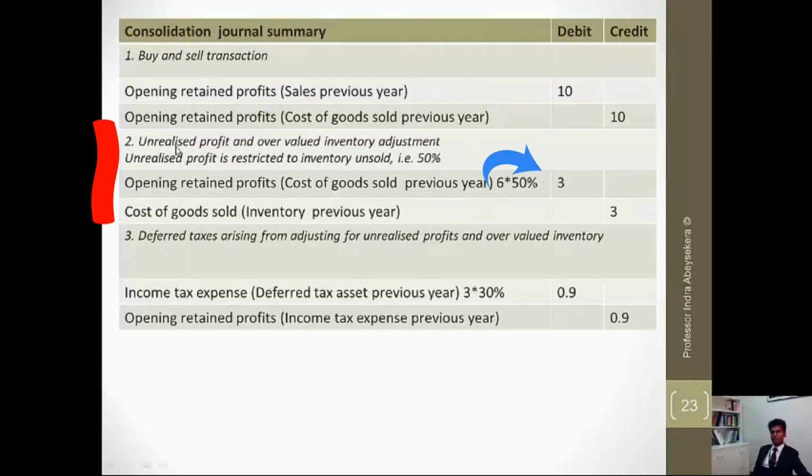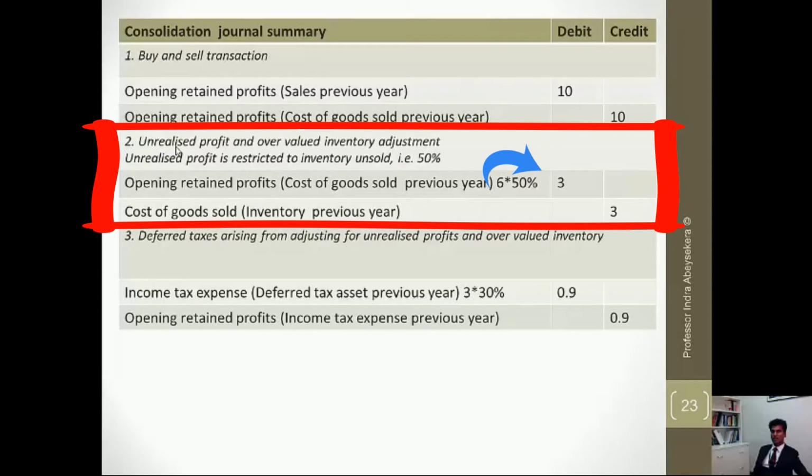Second, eliminate unrealized gain and the overvaluation of inventory. For the unrealized gain we have to debit, decrease, opening retained profits, and it is 6 at 50%, because 50% of inventory is still there, and the other 50% has been sold outside the economic entity.